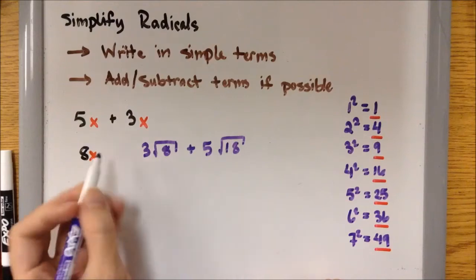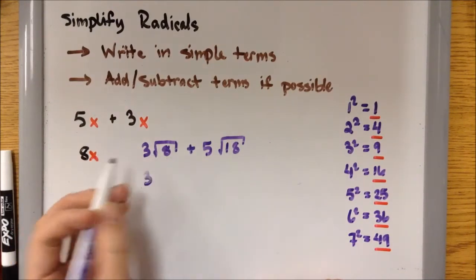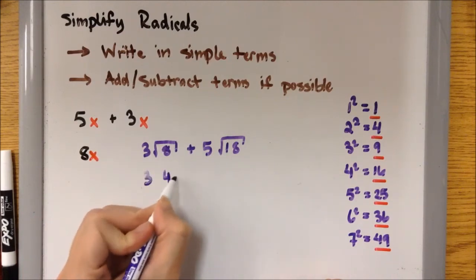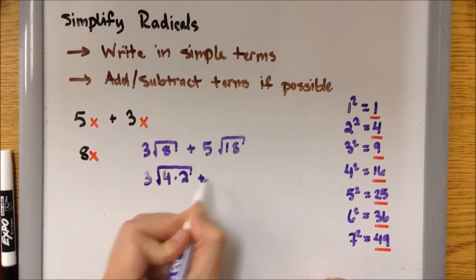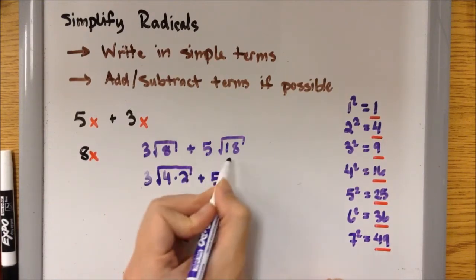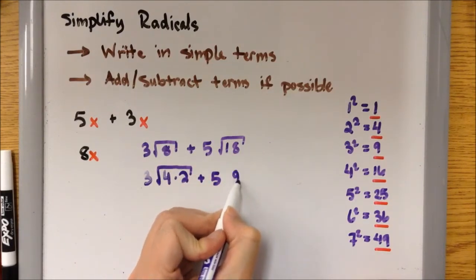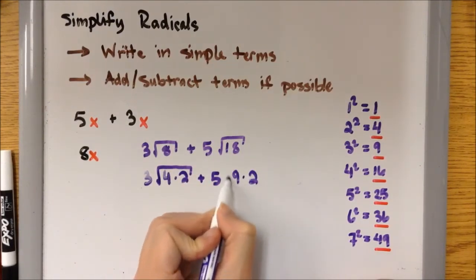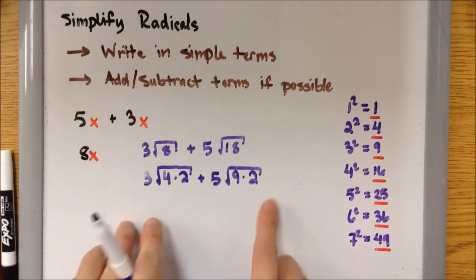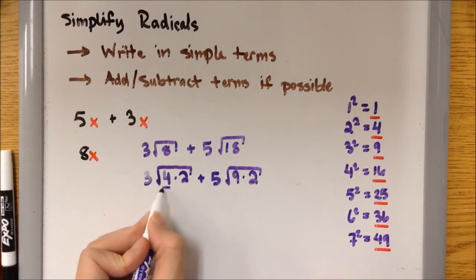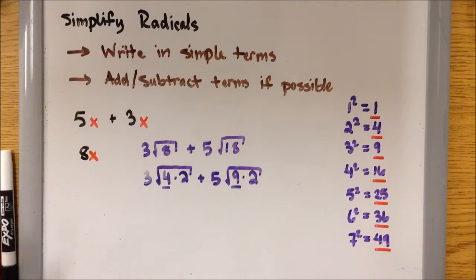So our first one right here, 3, you can break the square root of 8 into 4 times 2, plus 5. Then you can break the square root of 18 into 2 factors, which is 9 times 2. So now I broke it down to 2 factors where one of them is a perfect square. That's good.